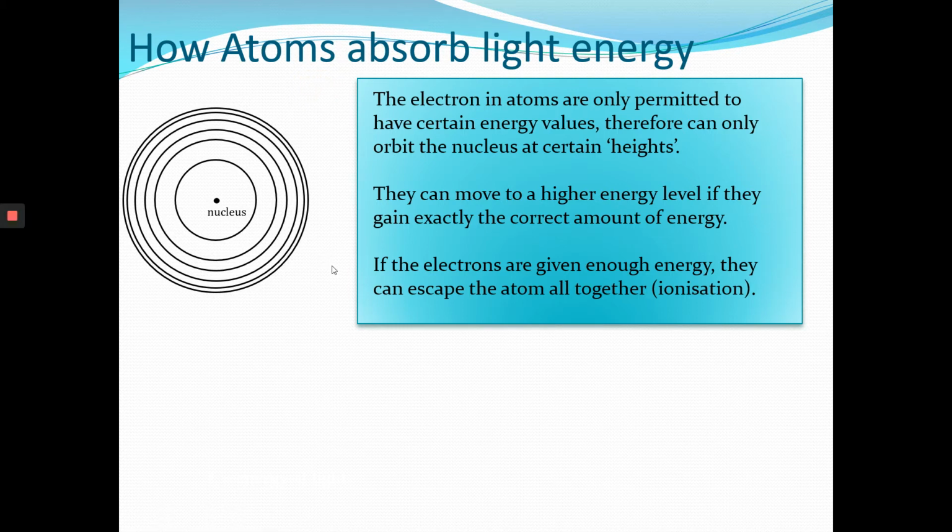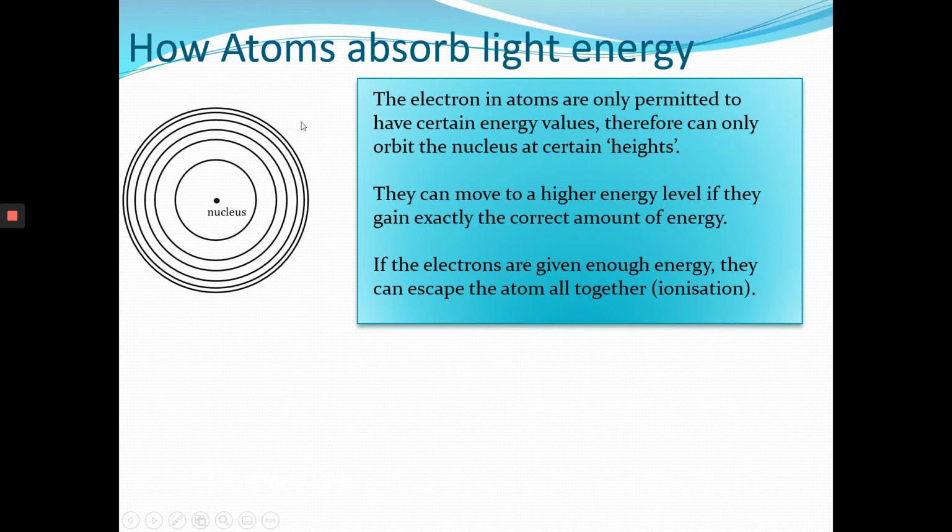We came across ionization in National. If you've done chemistry, you'll have done a lot more work on ionization. Ionization is when an atom gains or loses an electron. So in this case, obviously, we're losing an electron. It has enough energy to just leave the atom.